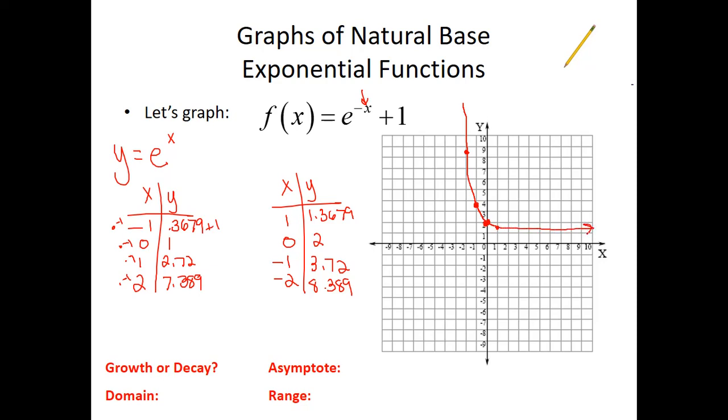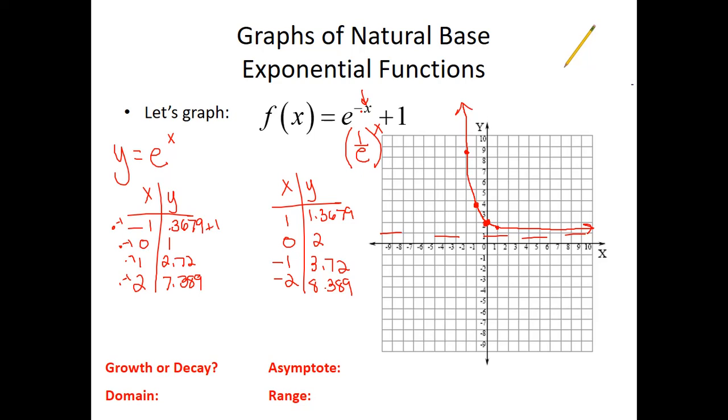So if I do my graph here, looks like I got an asymptote at y equals 1. Notice, guys, this is a decay graph. The only way that e's can be decay is because of this negative exponent. And think through that. Why is that? Well, if you have a negative exponent, technically this is 1 over e to the x, right? That's the equivalent of that.